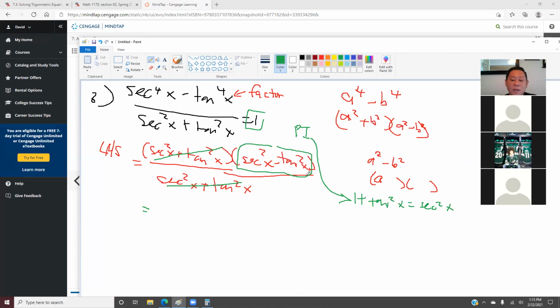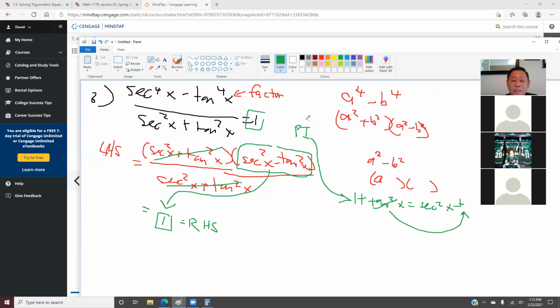So can someone tell me how you write this in terms of secant square x minus tangent square x? So you just need to move this over, so that positive tangent become negative tangent. So what is secant square x minus tangent square x? 1. Yep. This is your right hand side. You guys are okay here? This is how you prove it.